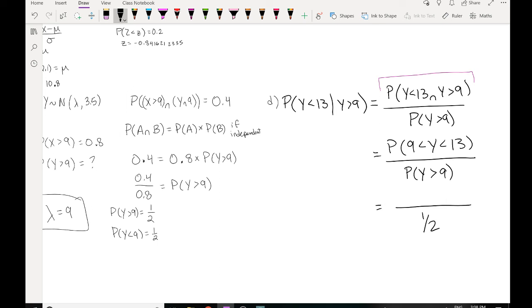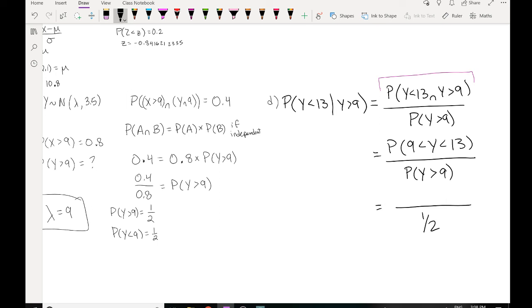And so basically I'm going from the mean, which is at 9, up to 13, which is just a little bit past one standard deviation above the mean. So I would be expecting this to be a little bit bigger than 34% roughly. So let's see what we get.